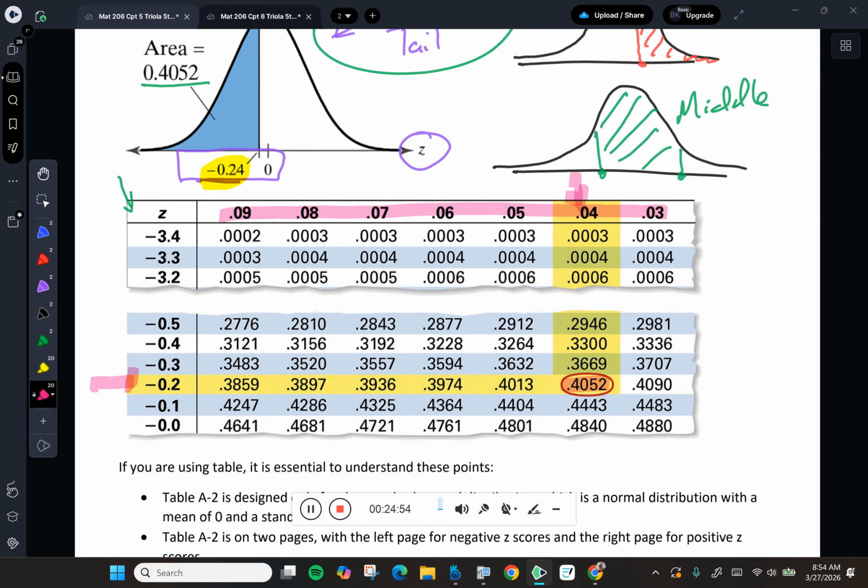In some of the homework problems, they're going to give you the option of clicking on the table to look these things up. Please don't do that. There's no advantage to doing it that way. All it's going to do is add extra work. But this is how we used to do everything. One half of your book would be left tails, one half would be right tails, and you'd use those two to figure everything out.